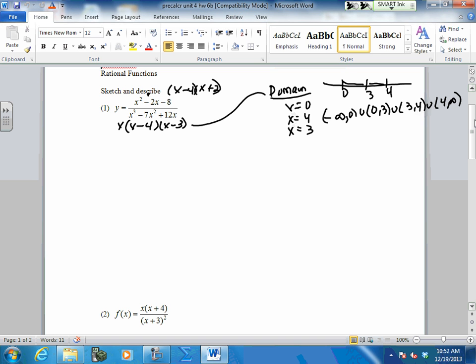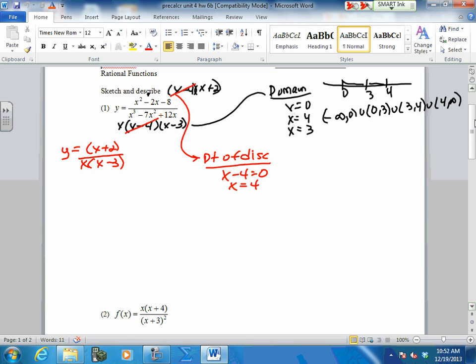Now, let's factor this guy. What factor can we cancel out of here? x minus 4. So let's pull that down here because this is going to be my point of discontinuity. I'm still not allowed to use when x is 4. So x minus 4 equals 0. That's my factor. So let's rewrite this. I am left with x plus 2 over x minus 3.